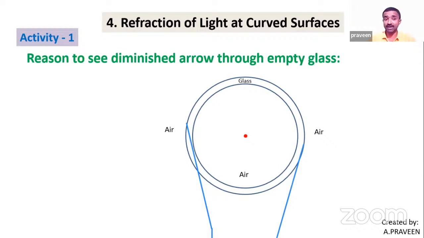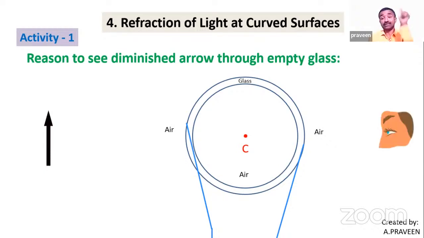Now I'm taking the same arrow to explain the process. So here the arrow is taken, then viewing. In this process, what happened is that I am observing from the top view. In the top view, the light ray is received onto the surface of the glass. What is the surface?